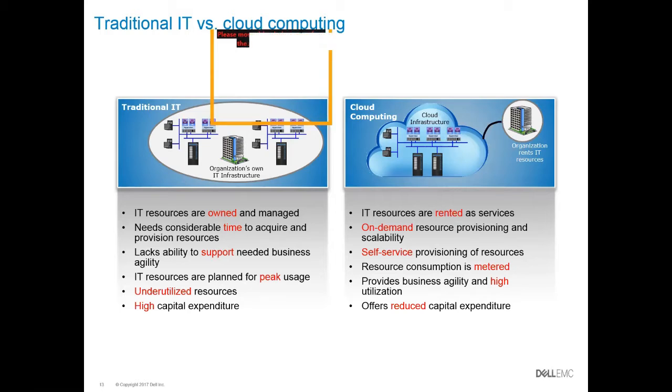So you don't own it, but you pay the rent as and when you use the service. In terms of time, it takes a lot of time for traditional IT to bring it up. You need to purchase the equipment, set up, configure, plan your applications, and provision the services. All these things take time and effort.